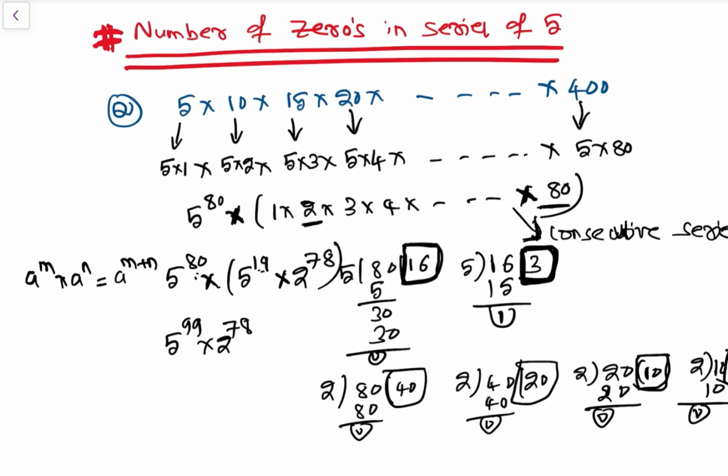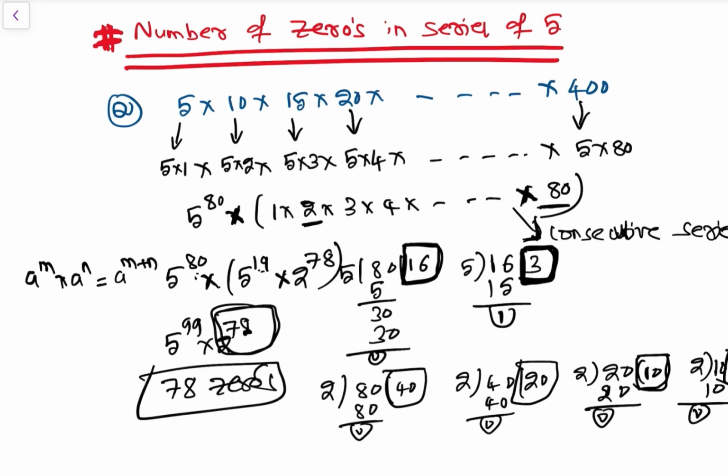Since the power of 2 is less here, 78 zeros are possible. Whichever has the lower power, that many zeros are possible, because that many 2 into 5 pairs are possible. So 78 pairs of 2 into 5 are possible, so 78 zeros possible. So 78 is the answer here.